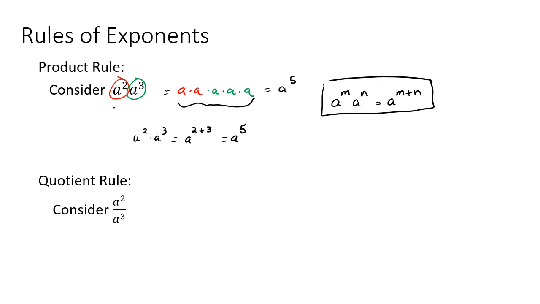The quotient rule works similarly. So to illustrate this, I want you to consider a squared divided by a cubed. Well, once again, we can break these down into pieces. A squared we can write as a times itself. A cubed would be 3 a's multiplied together, and then this fraction reduces, it divides.